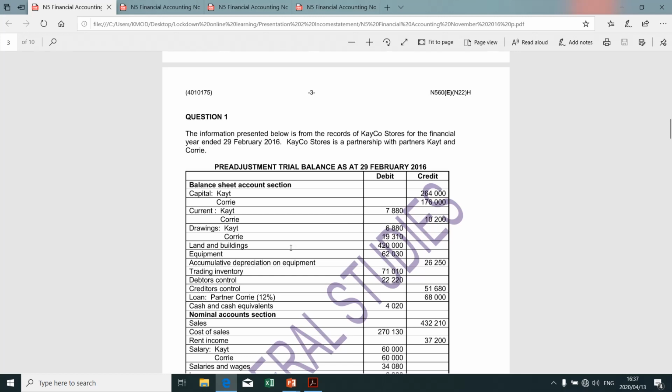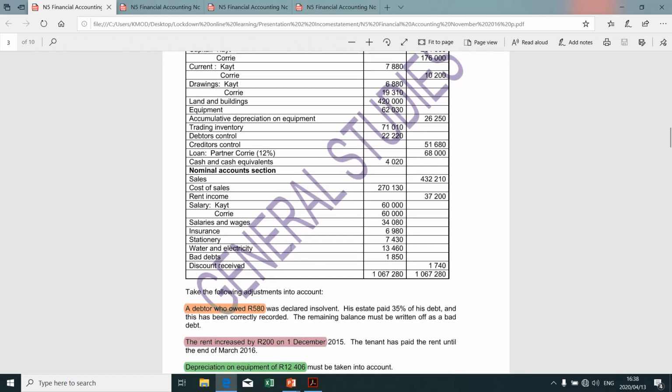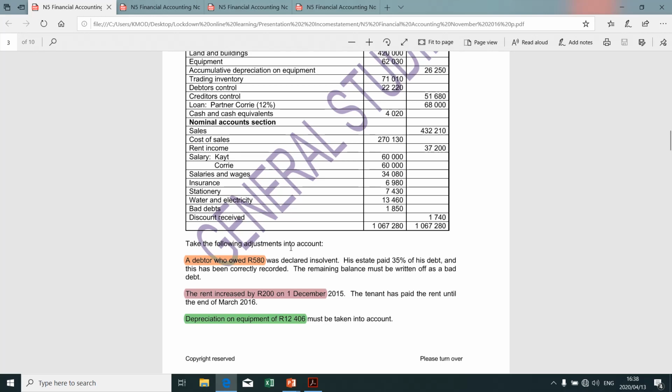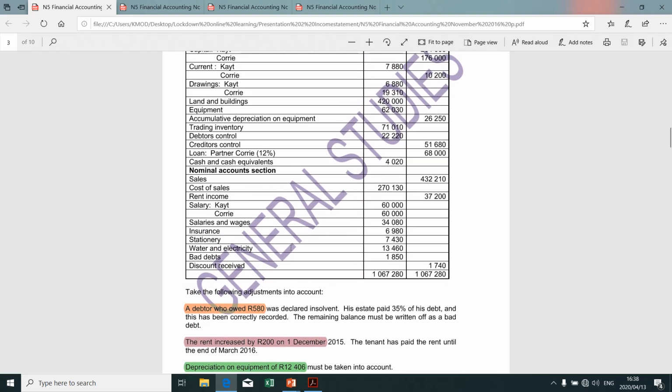The other amount that will be taken to the note to the current account didn't have any adjustments. I'm not saying it's always like that. You always have to go to your additional information and determine whether there are any adjustments relating to drawings. So there weren't any adjustments relating to drawings.